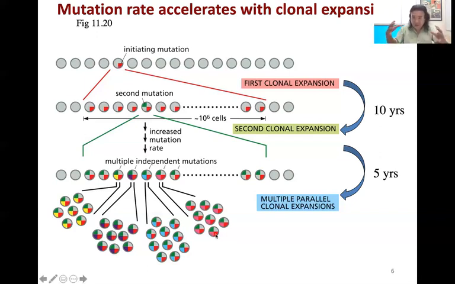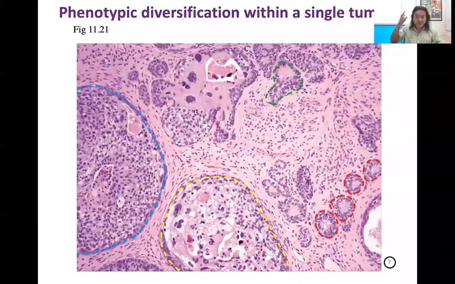So by the time a patient presents in the clinic with a life-threatening sized tumor, right, that tumor is a mess, right? Because it's no longer a homogeneous population of cells. It is a hodgepodge of different phenotypes.